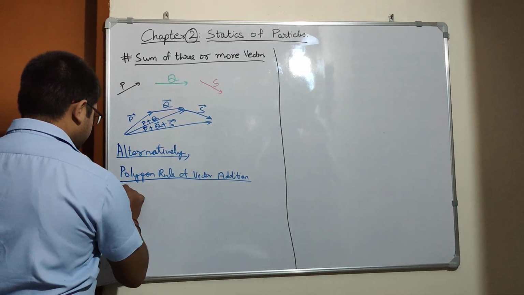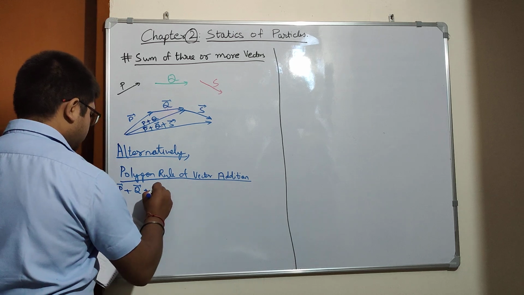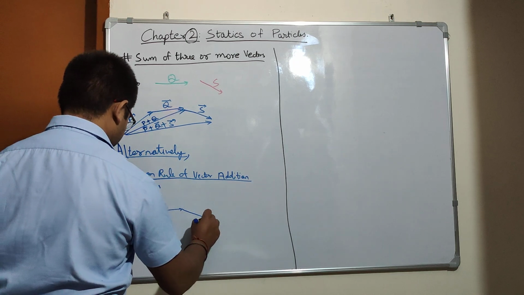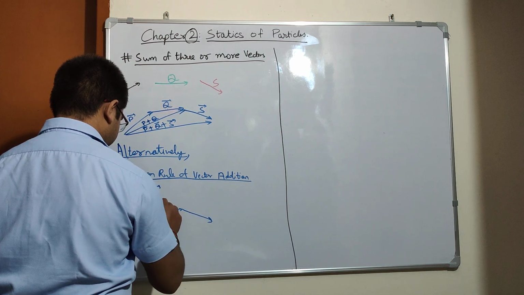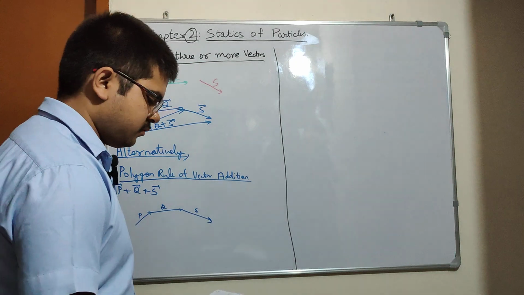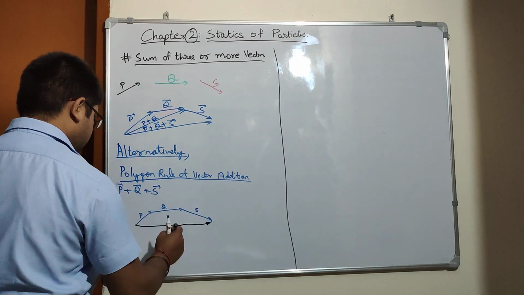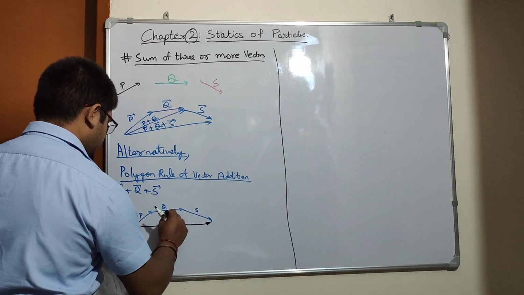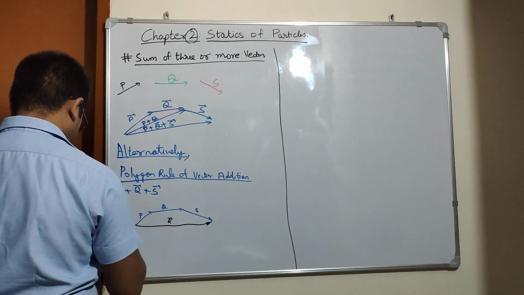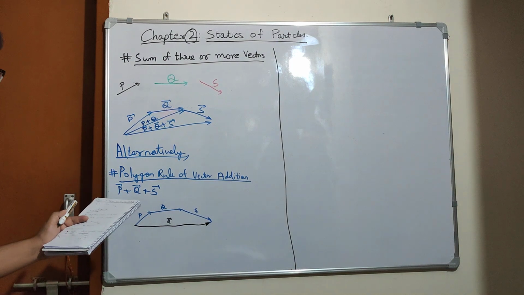So p vector plus q vector plus s vector will give us the resultant vector. So this is polygon rule of vector addition.